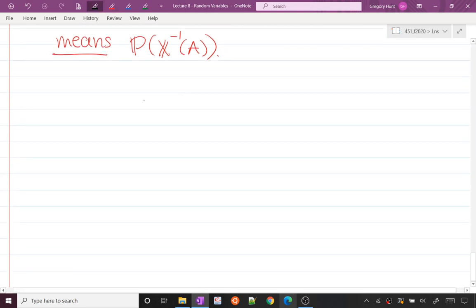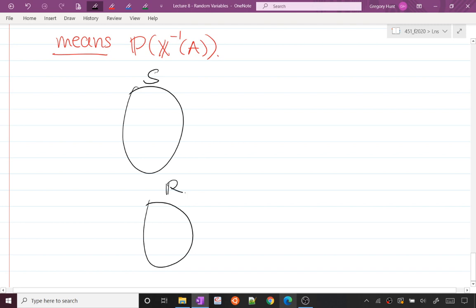Okay, so we have the sample space and real numbers, and we're going to have a second copy of the real numbers.